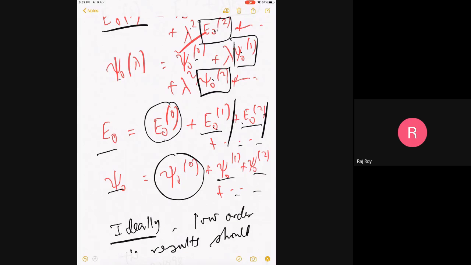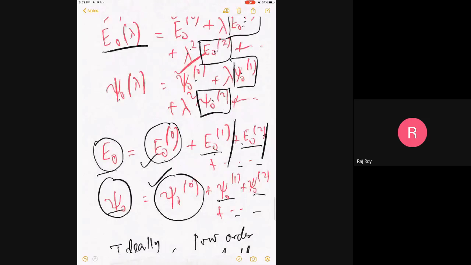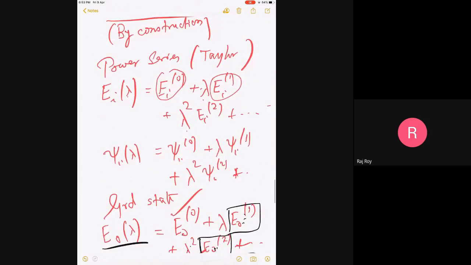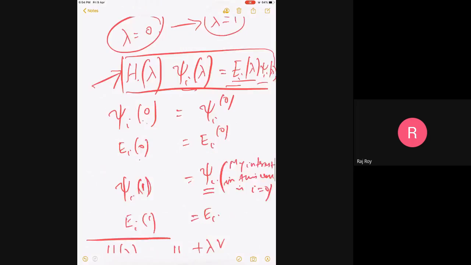This is second order, and so on. These are the corrections to my H naught eigenfunction such that I'm actually getting to the H eigenfunction and eigenvalues, because my lambda is equal to 1. I know lambda equal to 1, I get to the H eigenfunction and eigenvalue. And that is the beauty of this general equation in terms of H of lambda.